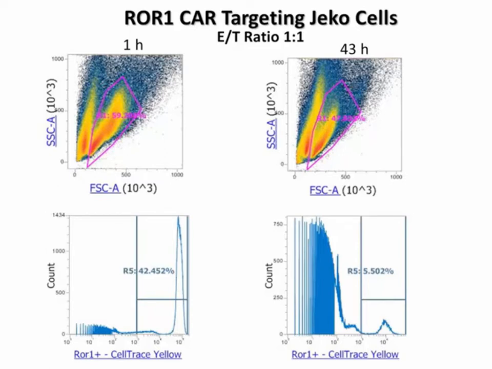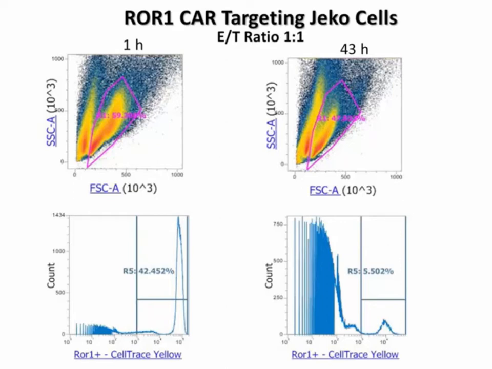And we have to open our gates to analyze them. Even our little lymphocytes now are running bigger, but it's quite obvious that we have two cell types. And if you look at the bottom part, you see the labeled cells, which is our targeted JeKo cells, and 42.5% of the cells are labeled with our yellow cell trace.